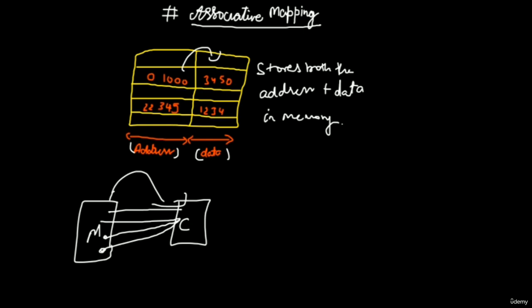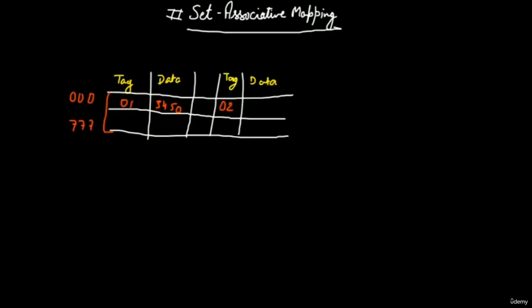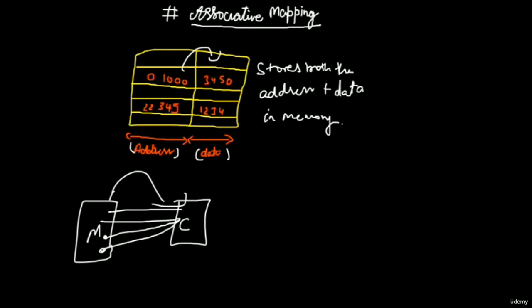Okay, let's proceed to the third one, which is our set associative mapping. In the set associative mapping, we have, in direct mapping, two words with the same index in their address but different tags. As I have not mentioned the tag here, it's having a different tag.